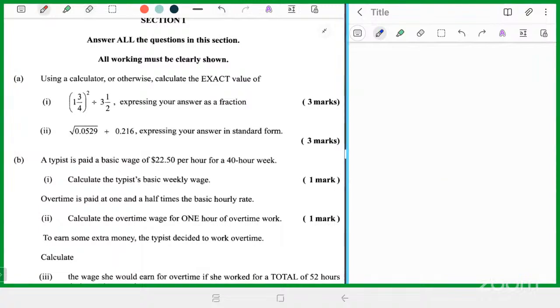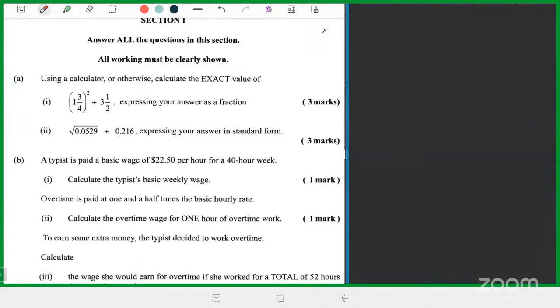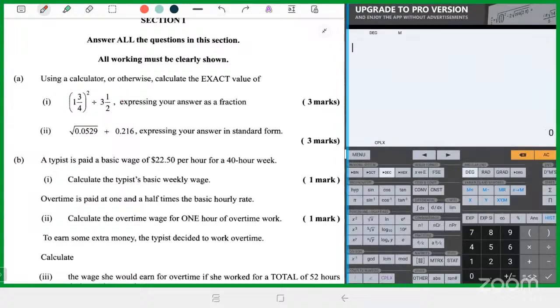I'm not going to complicate it. That is why I'm forcing you guys to get that kind of calculator with the textbook display, so you can type this in exactly as it appears there on the paper because of questions like these. You don't want the calculator to make you get the wrong answer. Type it in there exactly as it is.